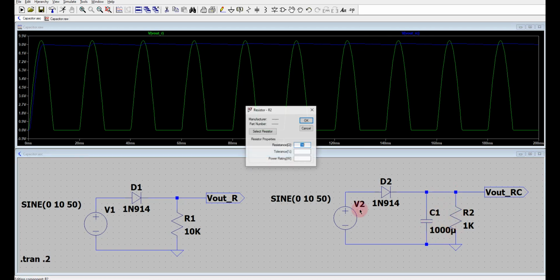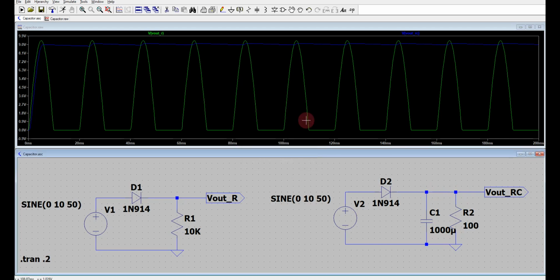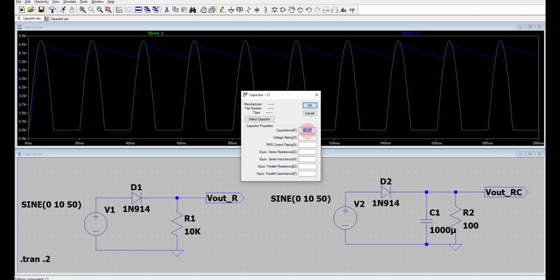If I further reduce it, say instead of 1K, just 100 ohms, and do the simulation, you will see this circuit is not able to maintain the voltage. In that case, what is the solution? The solution is to use a larger capacitor. Instead of 1000 micro, I can use 10,000 micro.